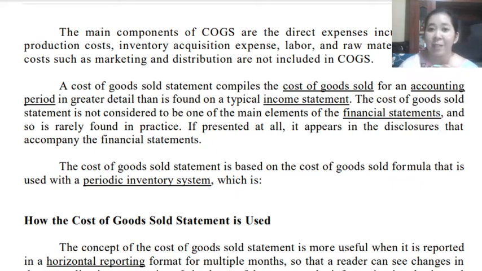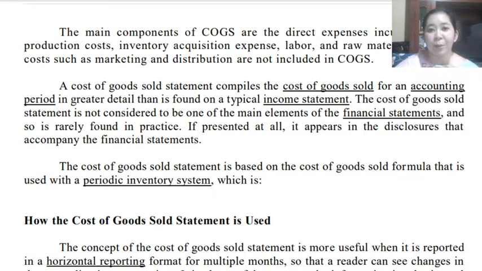If presented at all, it appears in the disclosures or notes to financial statements only. Meaning what we present in the financial statement is already the net amount, and the computation can be presented in the notes only, because again, your cost of goods sold statement is not an important element of the financial statements.